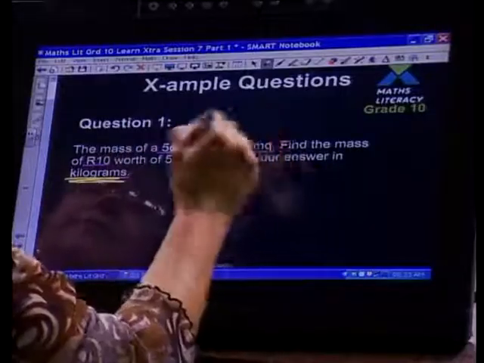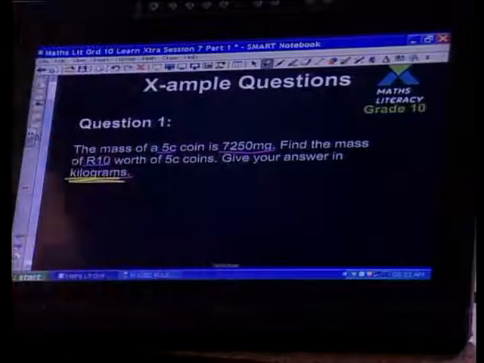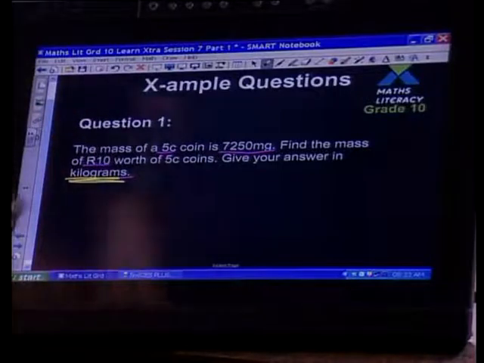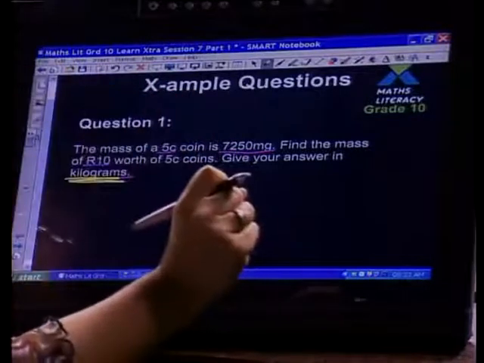In this case, it's going to be a little bit hard for me to convert to kilograms because I've got 7,250 milligrams and I'm going to have to divide it by 1,000 to get grams and another 1,000 to get kilograms. So it's going to end up with this very, very small number. So rather than converting now, I'm going to convert at a later stage.